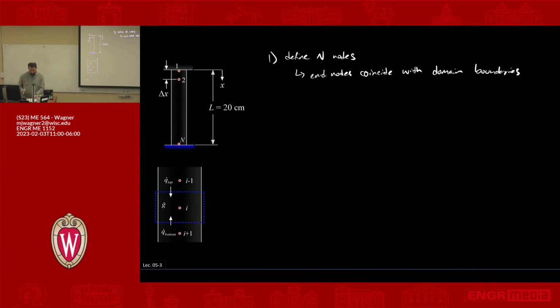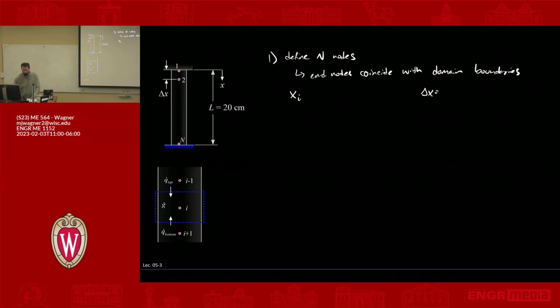Part of this is also figuring out the position of each node. So we're going to define this position called x sub i, and x sub i is going to be the location of each node in the domain. First of all, what is delta x?